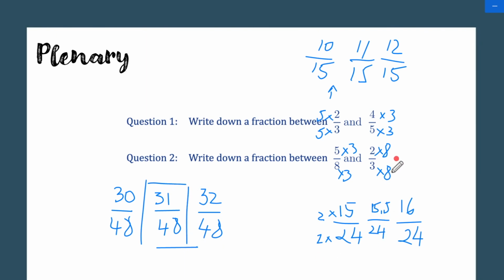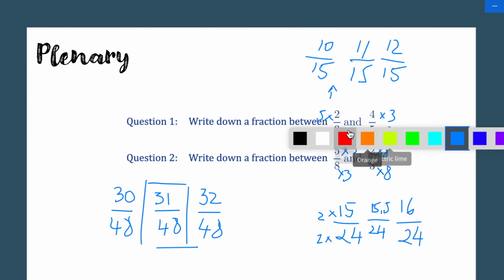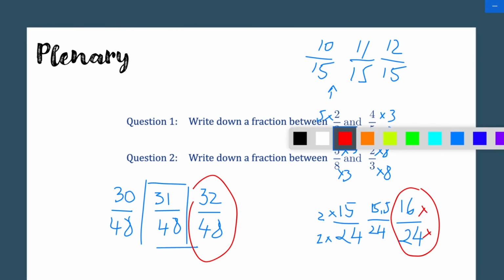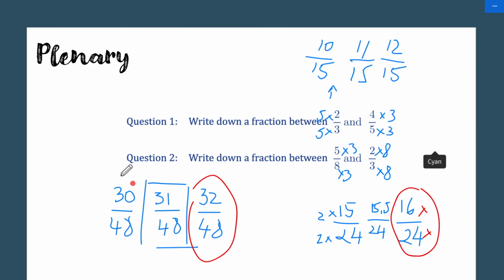But it only works if you have the denominator 48. This fraction here is equivalent to this fraction here, because all I did was double this fraction. And this fraction here is equivalent to this fraction here. So I was able to find a value between the two fractions.